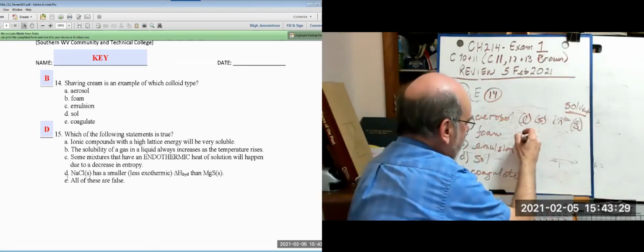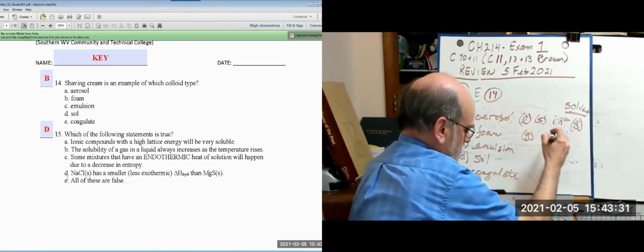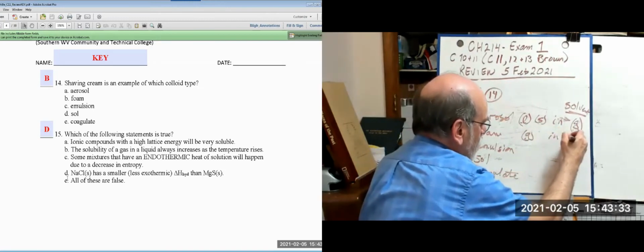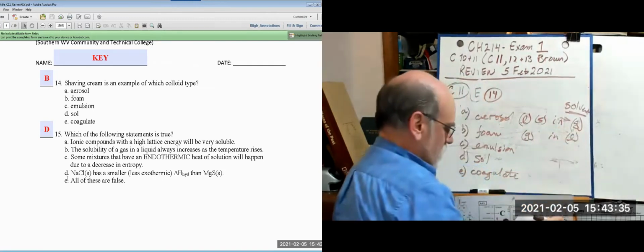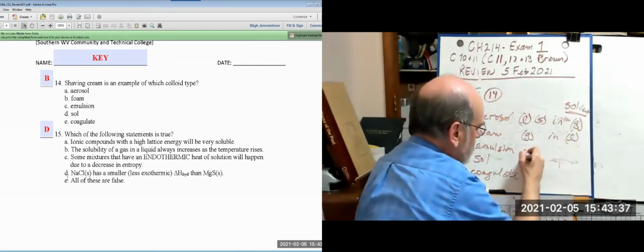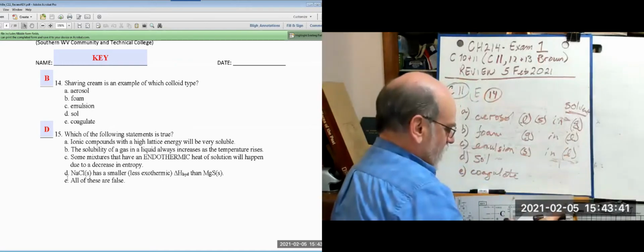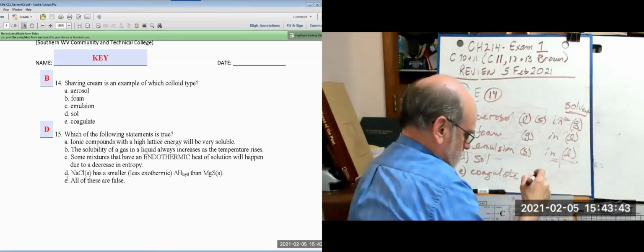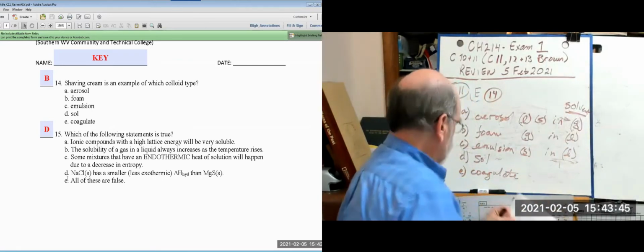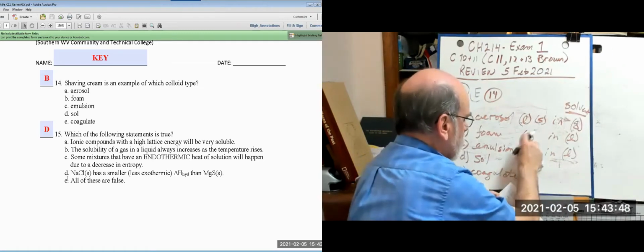This one is a gas in a liquid. Emulsion is a solid in a liquid. A sol is a, no, excuse me. Emulsion is a liquid in a liquid.